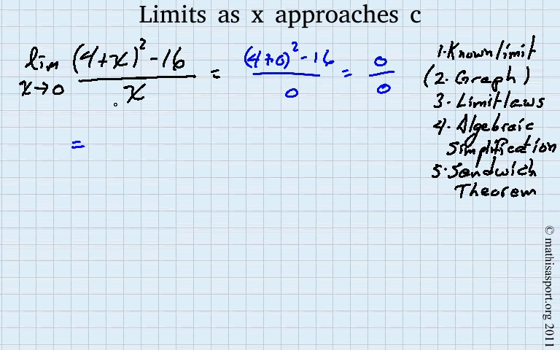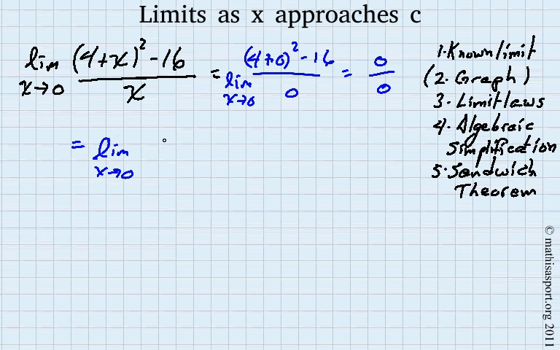Again, the expression that creates the problem is the x in the denominator, so we look to somehow isolate an x in the numerator so that we can cancel them before applying the limits. We'll FOIL this out. We get limit as x approaches 0. Again, I should have put limit as x approaches 0 in each of these.